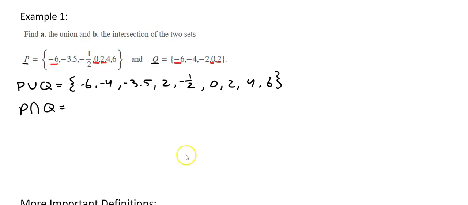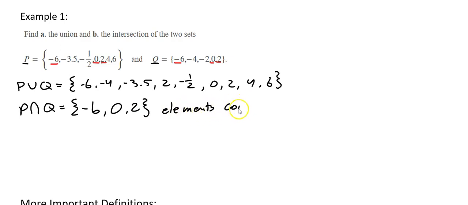Where would those circles cross? Where they overlap: 0, 2. Okay. These are elements common to both.